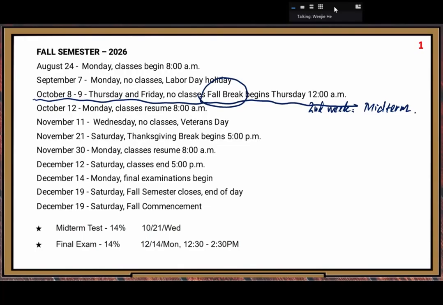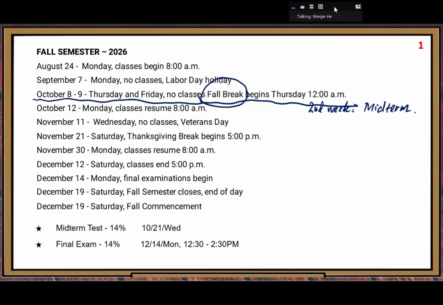I give you the specific test dates. Each test, 14%. This Wednesday, October 21st, Wednesday, that's our midterm time.